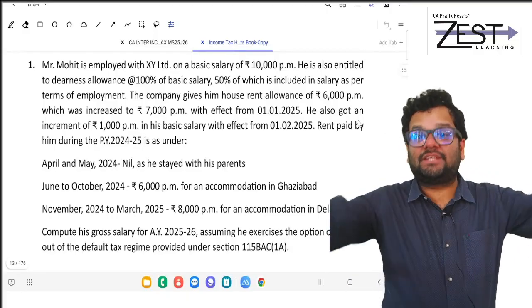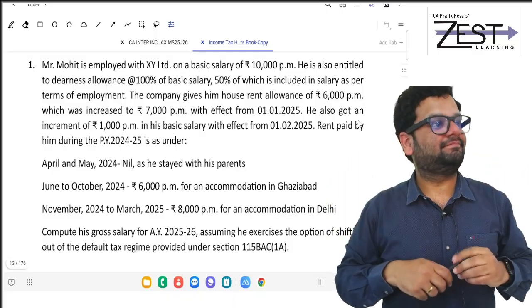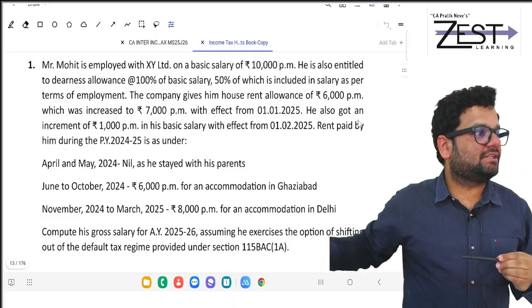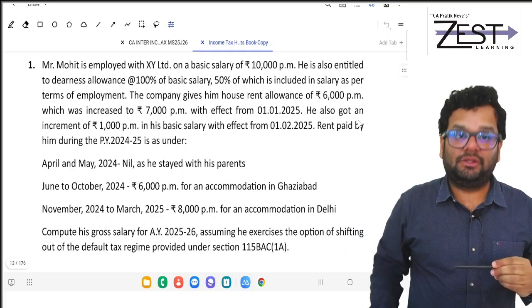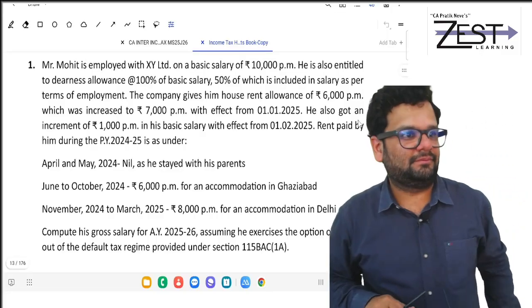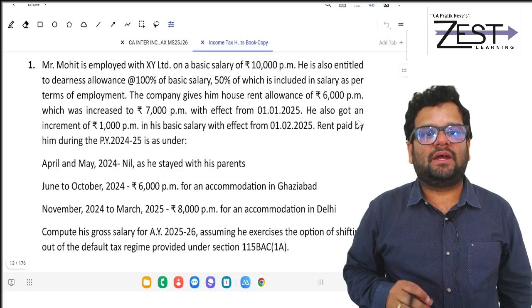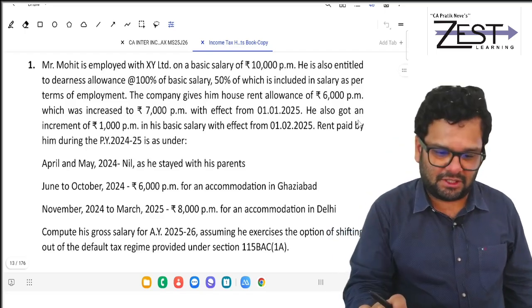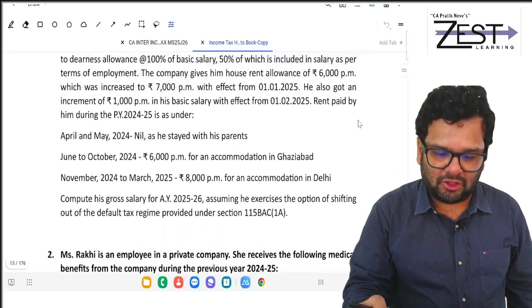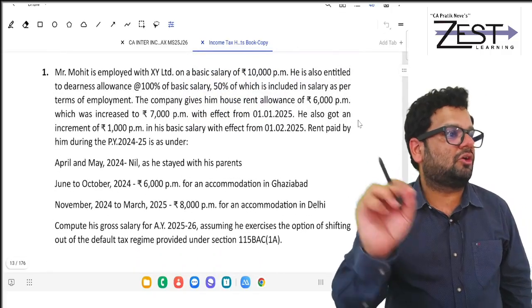It's a question of HRA. Pay attention. You will need to focus a lot. So I think we had better solve it when you get the notes, especially this question. It has a lot of figures to be worked on.